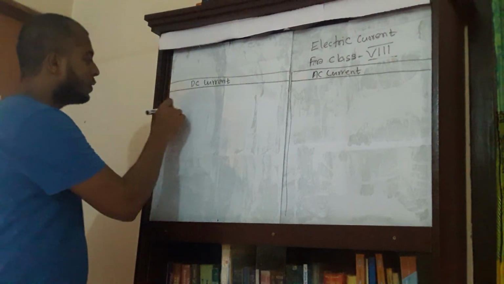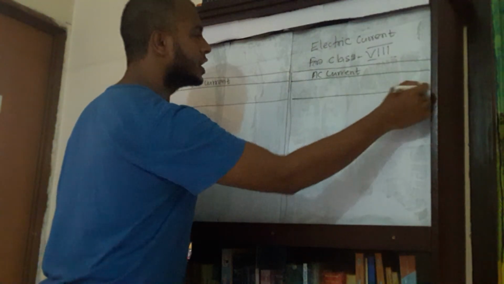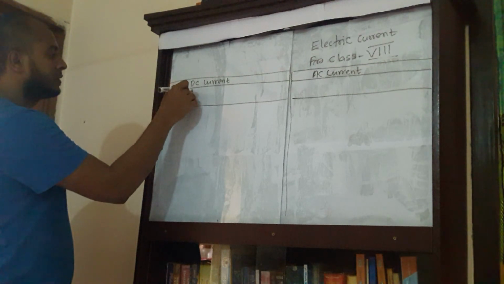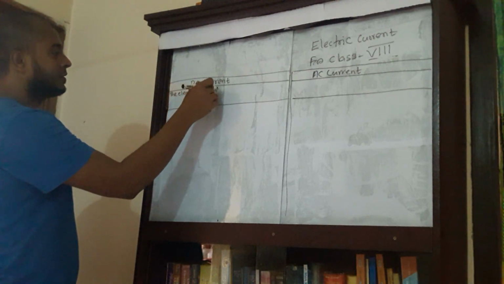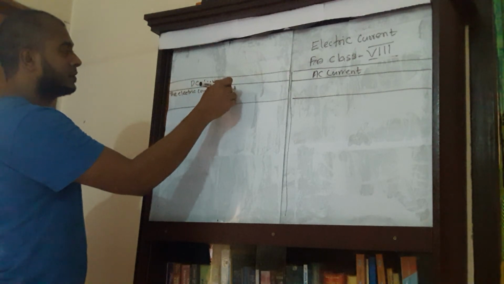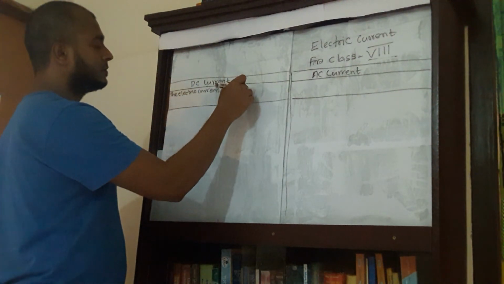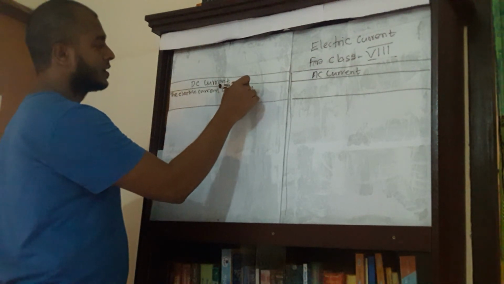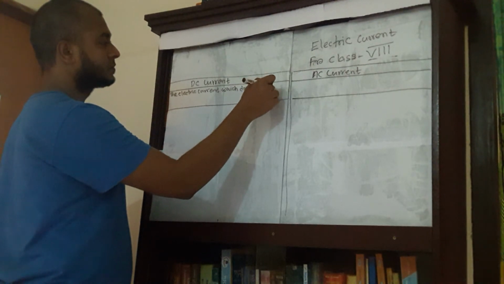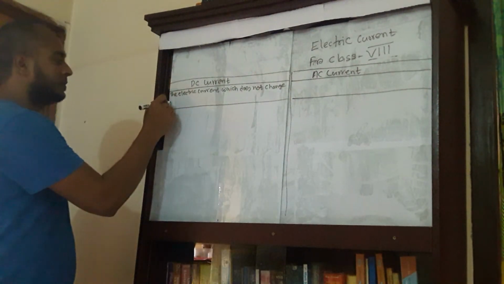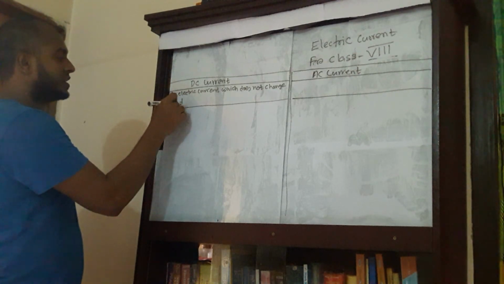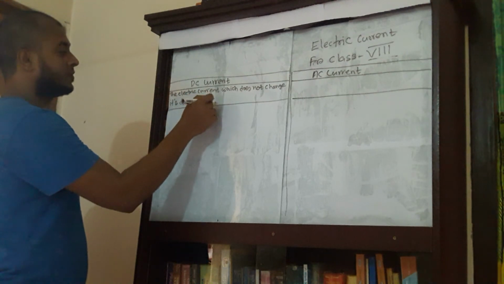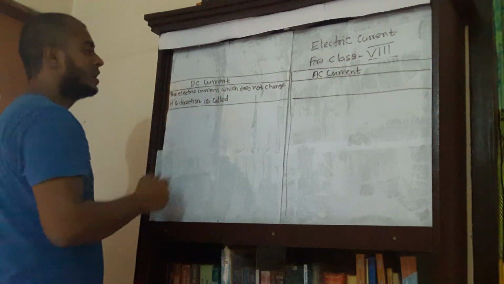The electric current which remains the same, or which does not change its direction, is called DC current.